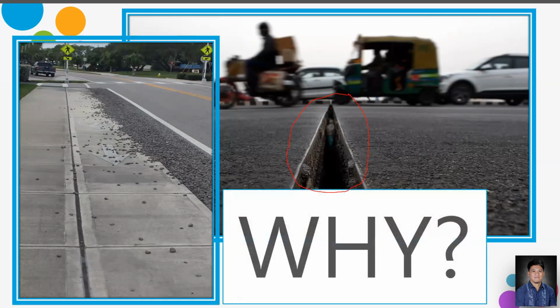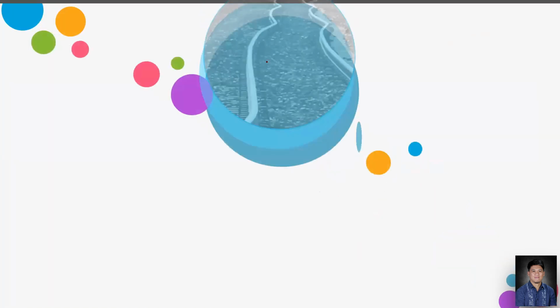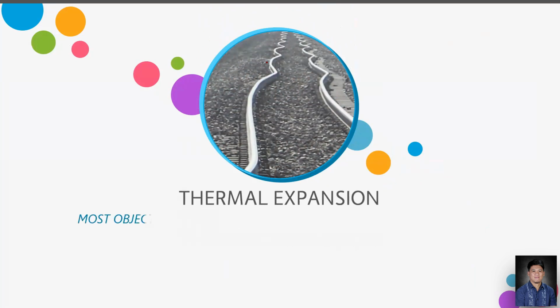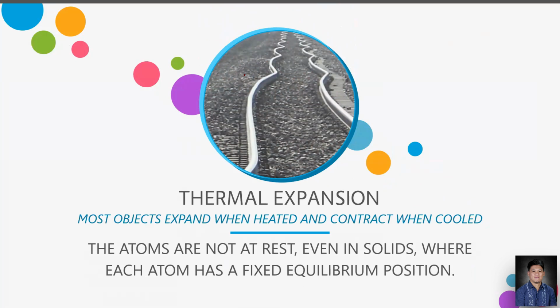But do you know why there are gaps in concrete roads? One of the major reasons for these gaps is the first effect of heat, which is the thermal expansion. Thermal expansion is one of the major reasons kung bakit merong gap yung mga concrete road.